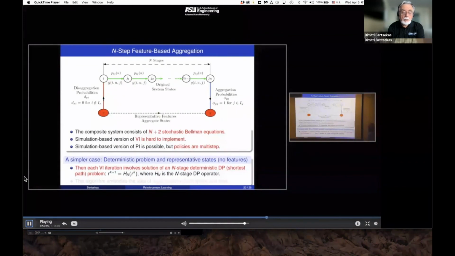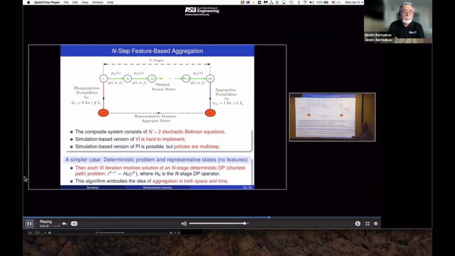And basically what you're solving is an n-stage Bellman equation, I'm sorry, n-stage value iteration type of equation involving n stages of the dynamic programming operator. So value iteration would take this form, and this would involve minimizations in between, but these minimizations are solvable by shortest path calculations.